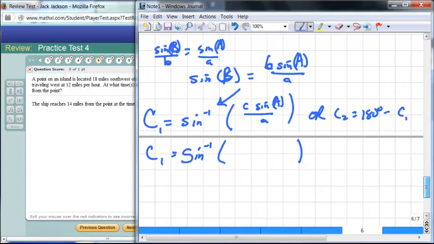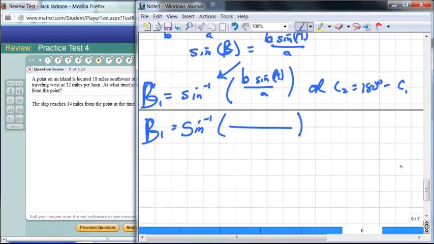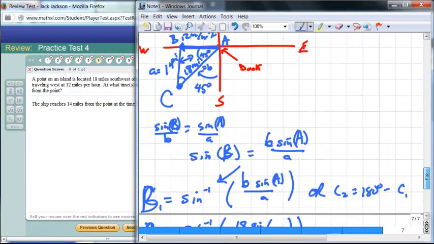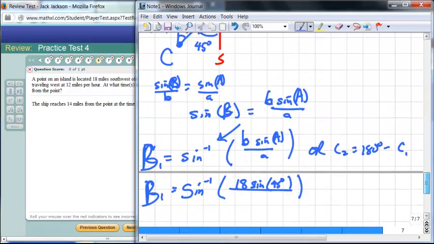There we go. So B1 is one we got to find first. Okay, because we got to know everything here. We do know B. B is 18 miles. Angle A we do know is 45 degrees. And side A we know is supposed to be 14 miles.